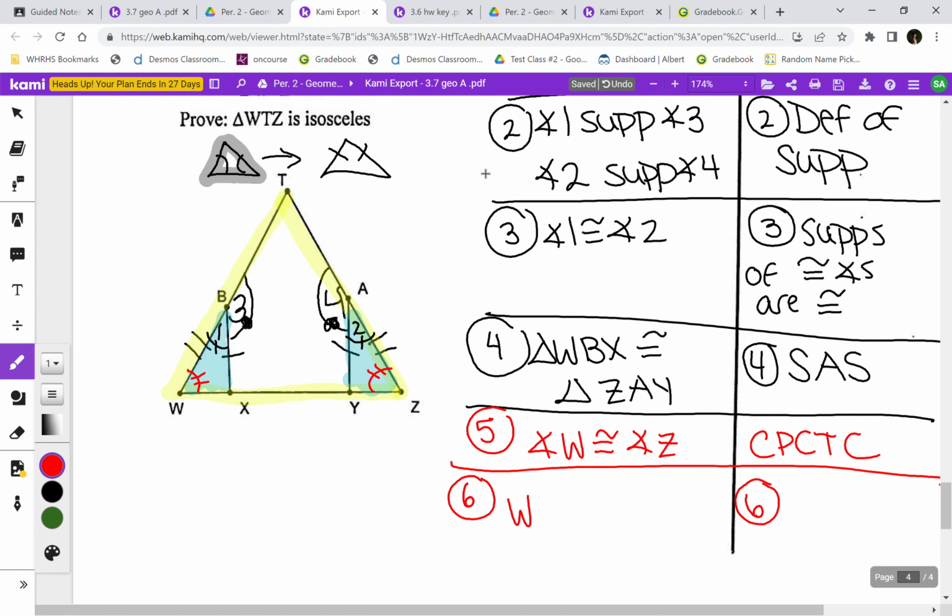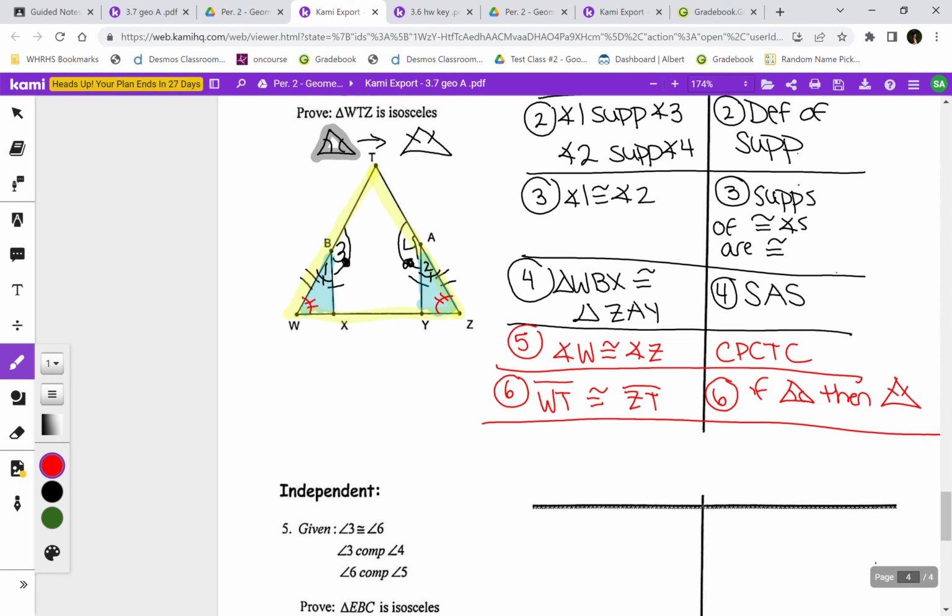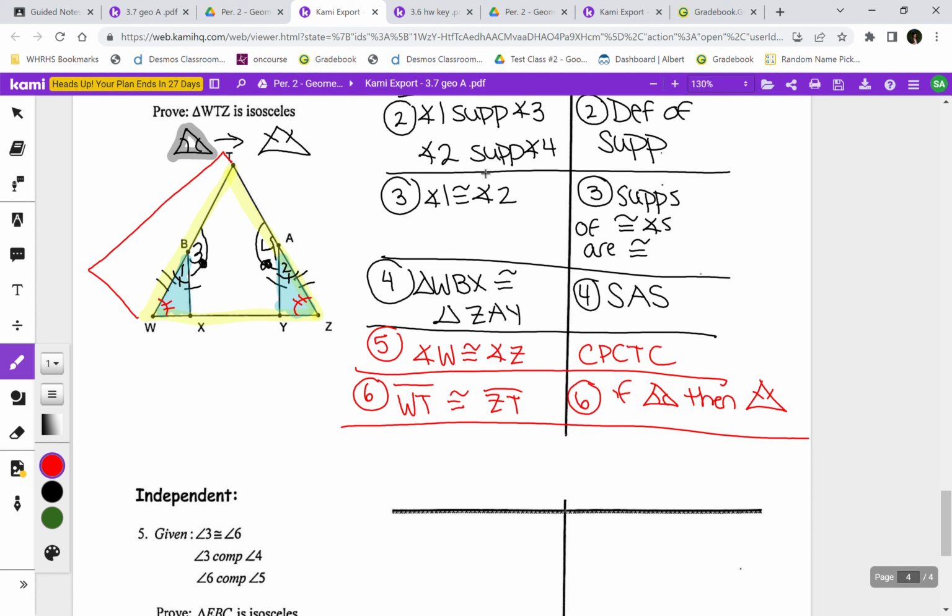So we're going to say WT congruent to ZT, and that's going to be that new theorem we learned. If base angles, then legs. Now that we got the legs congruent, can we now say the triangle is isosceles? You got it. Def of isosceles.